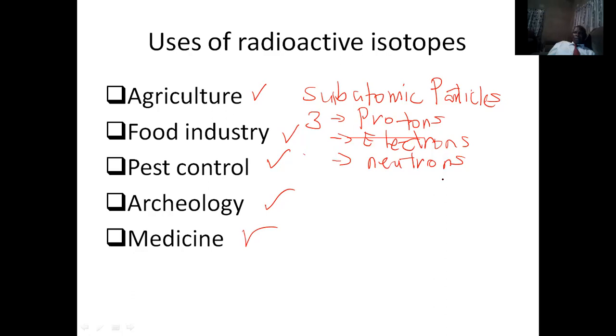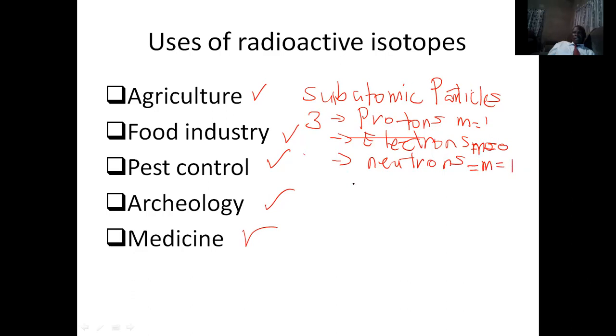So the protons have a mass of 1, while the electrons, we can say is very small. We can say the mass is 0. And then the neutrons have a mass of 1.